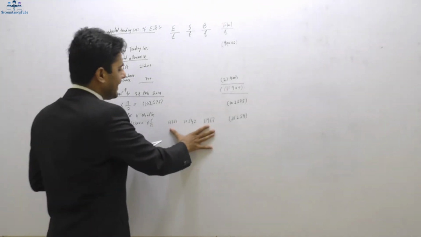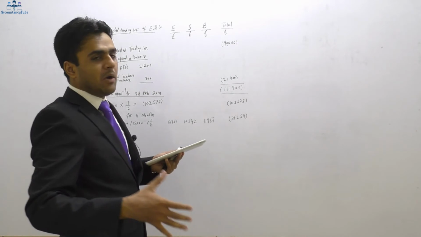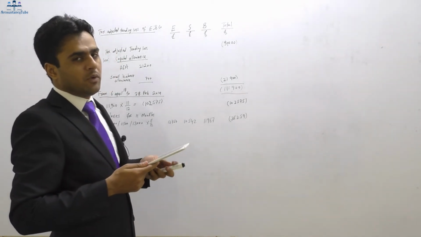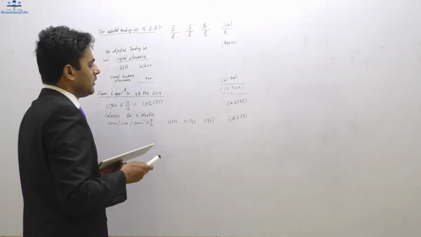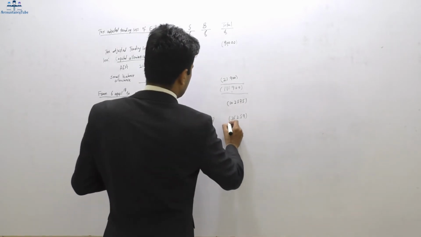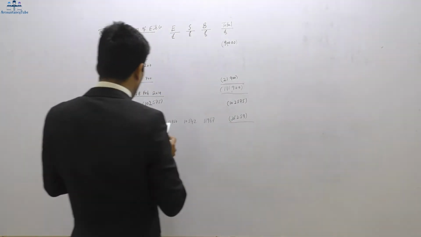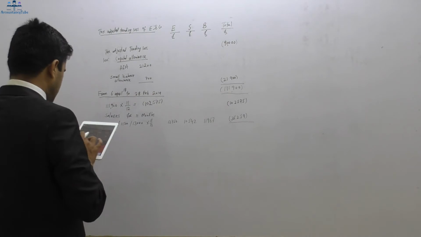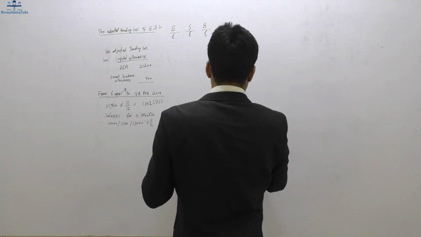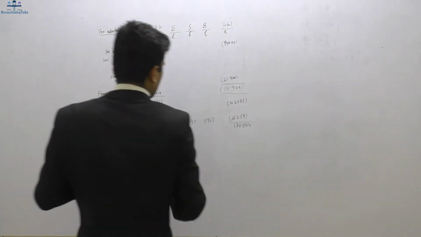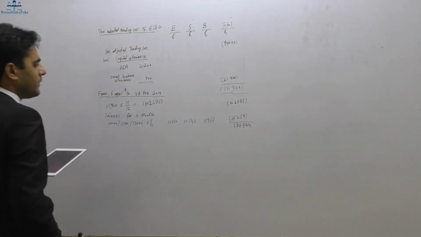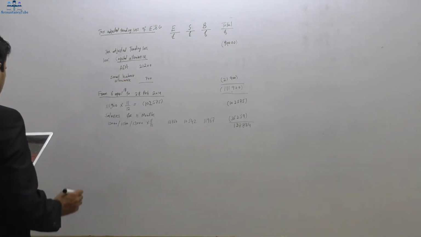Now we have to see how much is the share of loss for each partner. So we'll have to add these two together, which will give me the eventual loss of the partnership, 138,834. That is the total loss of the partnership.